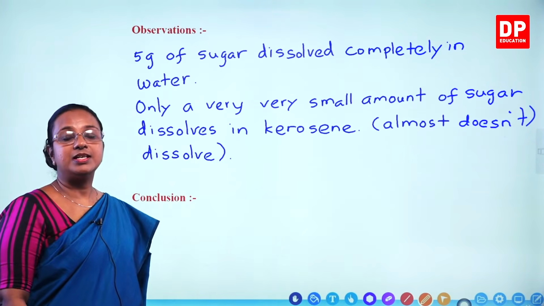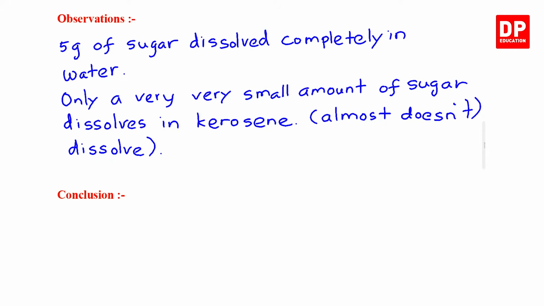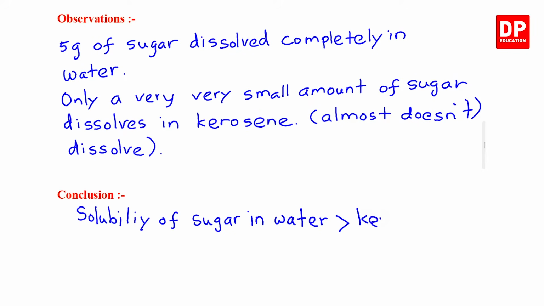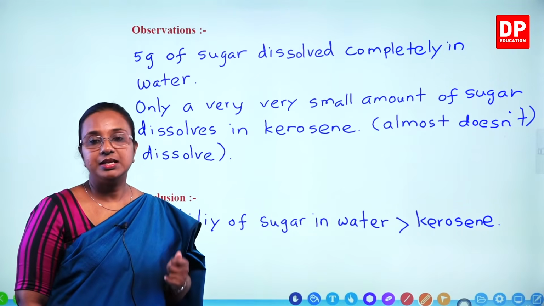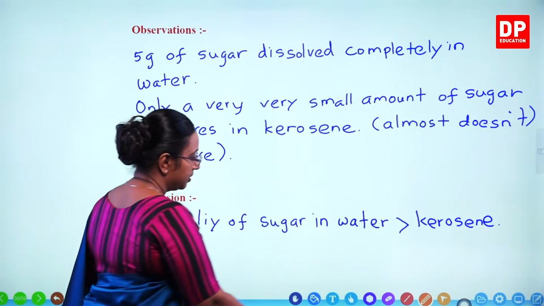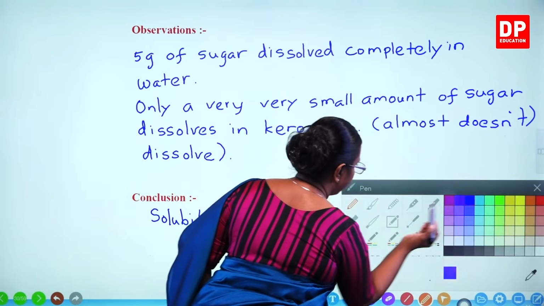So here, what is the conclusion? Solubility of sugar in water is higher than in kerosene. Or in other words, we can say the solubility of a solute depends on the solvent. So I will write that as well.